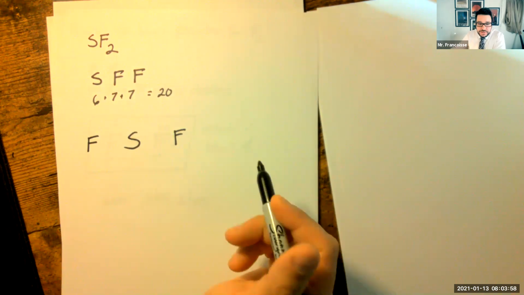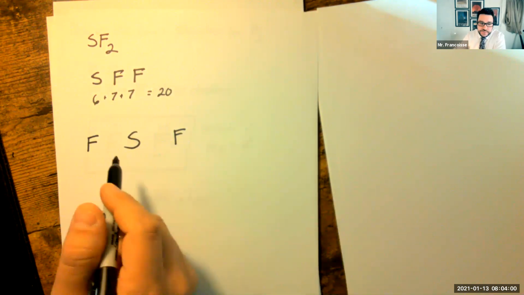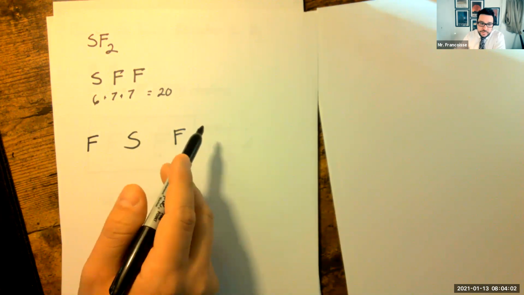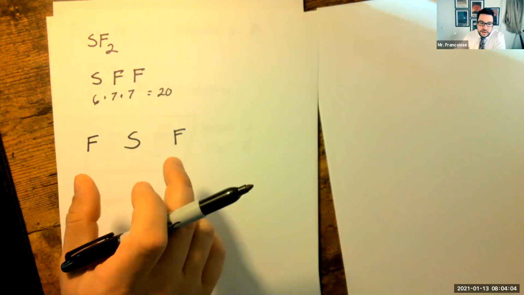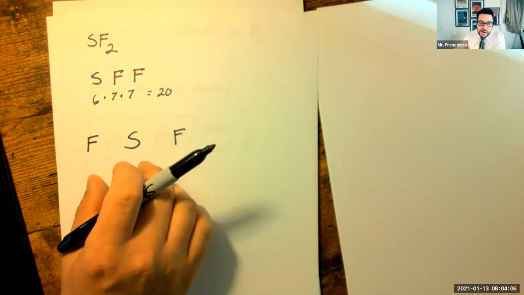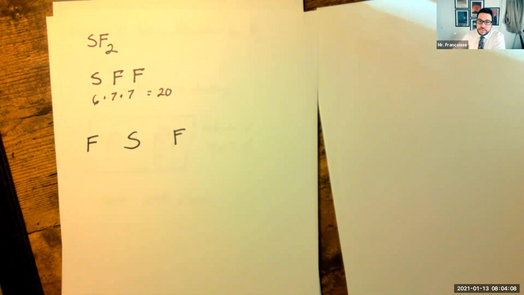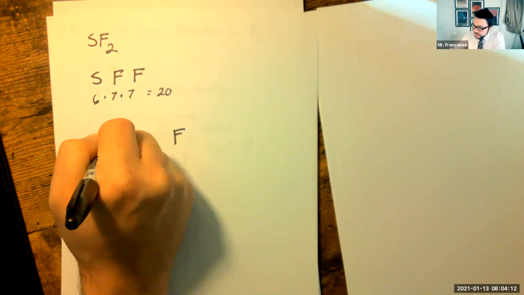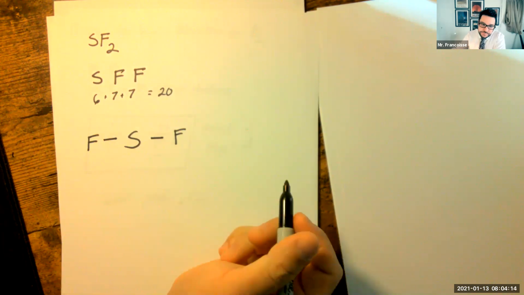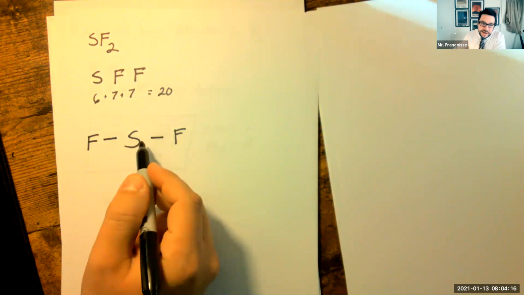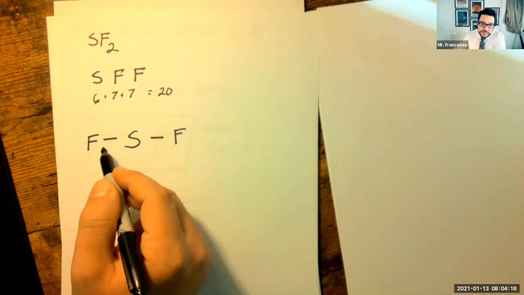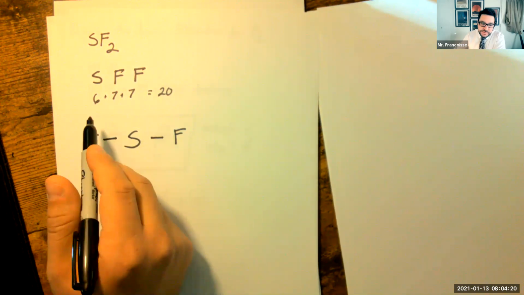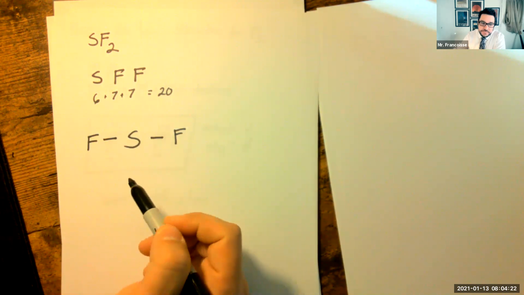We want to connect this with at least one bond each, because remember, molecules are groups of atoms that are combined. Each of these lines represents electrons being shared. So we have to at least connect the sulfur to both of the fluorines. We want to make it symmetrical so that both sides are the same.